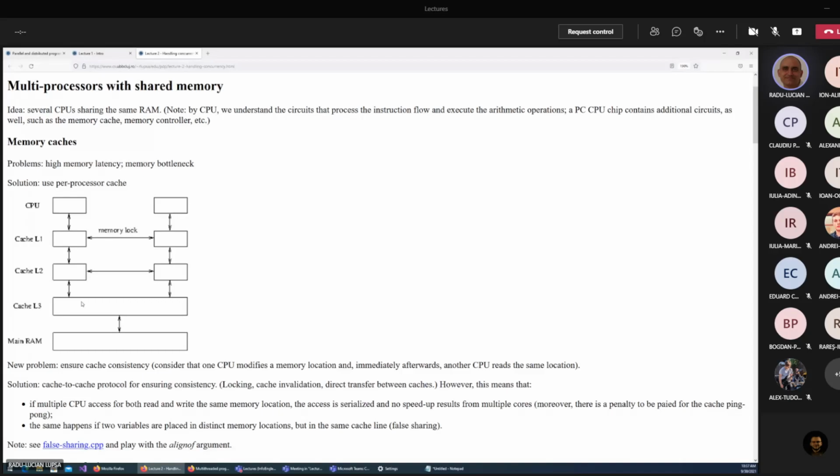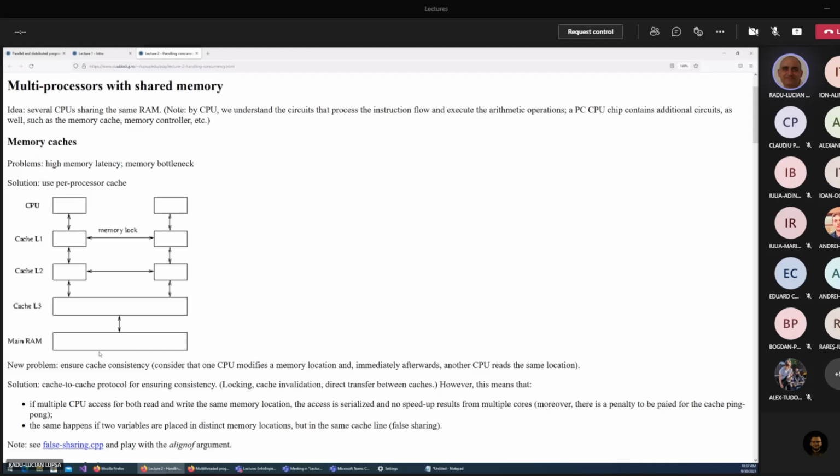Effectively, it's not a single byte of the memory that can sit in the cache or not, but the cache line it belongs to. And the cache line is typically 64 bytes. Be careful, 64 bytes, not bits. So 64 bytes, it's quite a lot. And a full cache line is typically transferred between the main RAM and the cache.